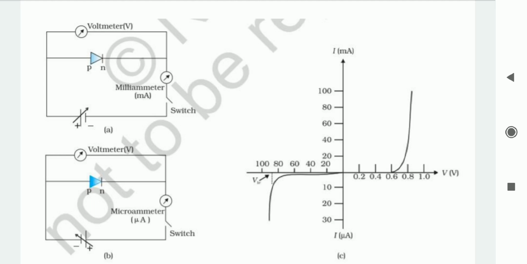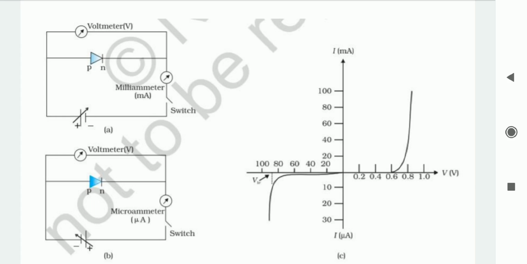So here this diode offers a resistance which varies continuously with the supply voltage. That offered resistance is known as dynamic resistance. Dynamic resistance is the ratio of the change in voltage to the change in current.